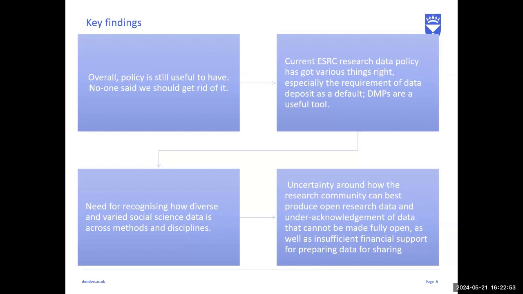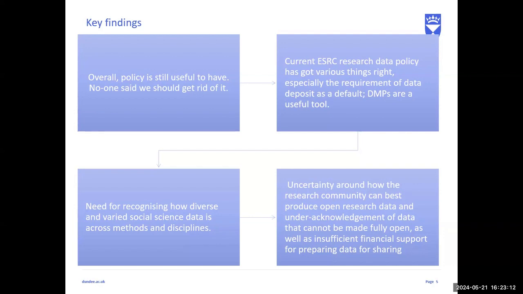And also relevant to our discussion here, people found data management plans to be a useful tool for research data management and planning. There was a need to recognise how diverse and varied social science data is across methods and disciplines, as I've already pointed out.